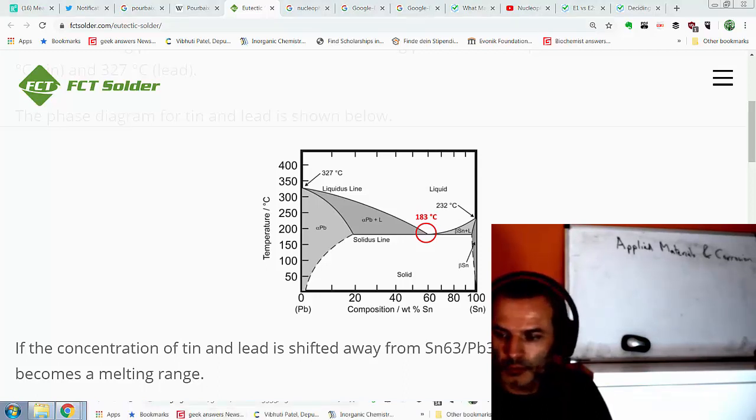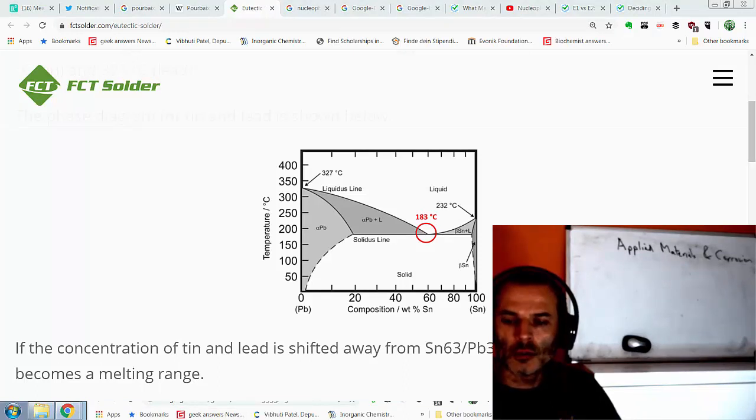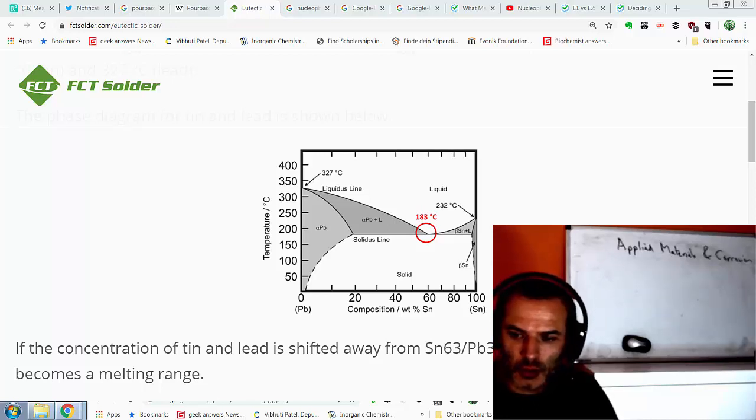Let me try again. So if we look above this line we have just a liquid, everything is molten. Below this line this is solid, and then we have mixed phases in the other parts of the diagram.